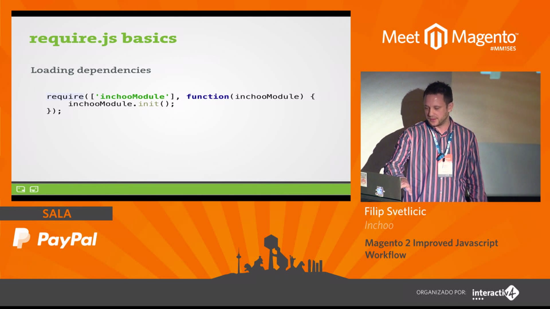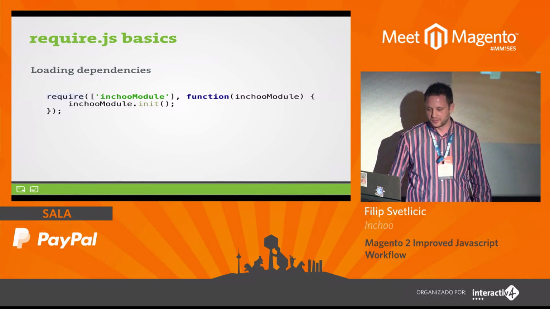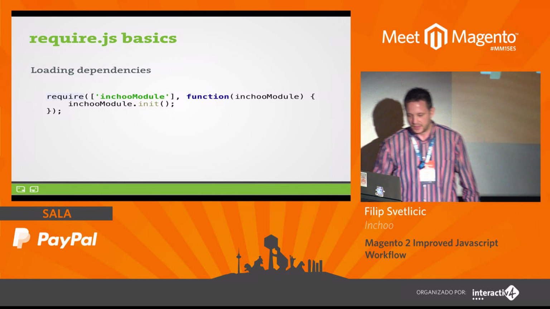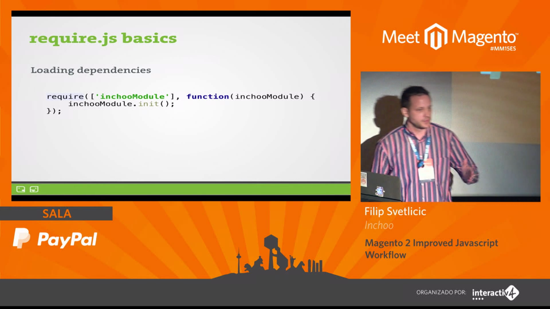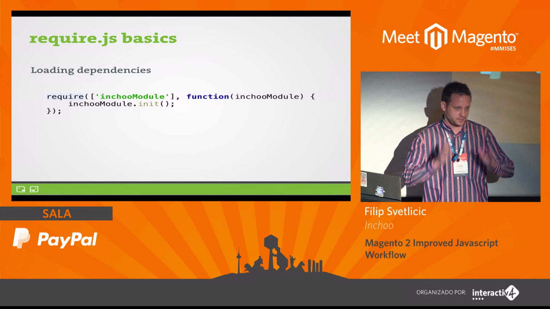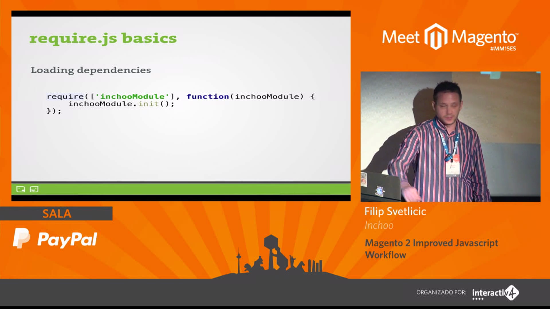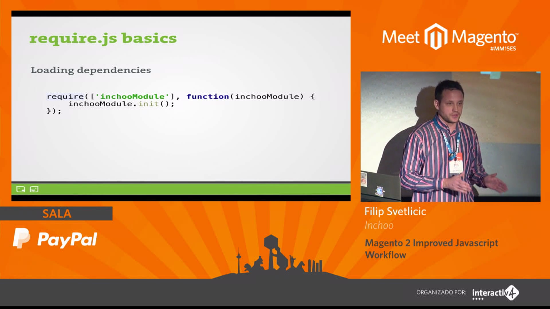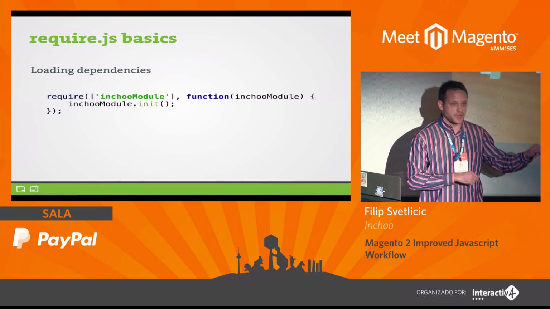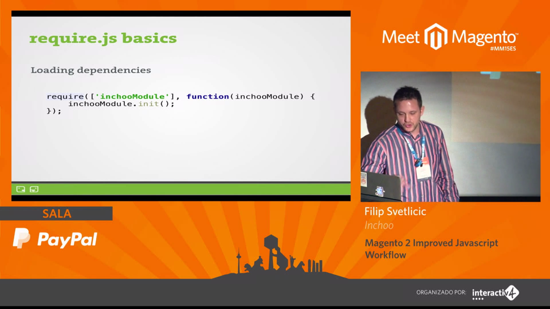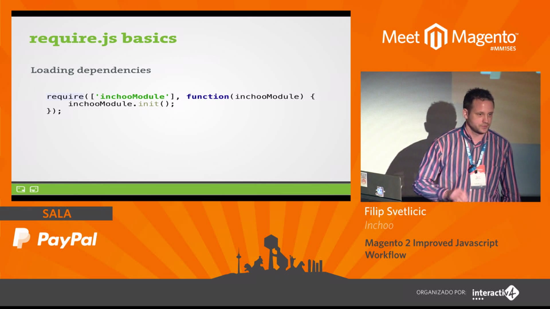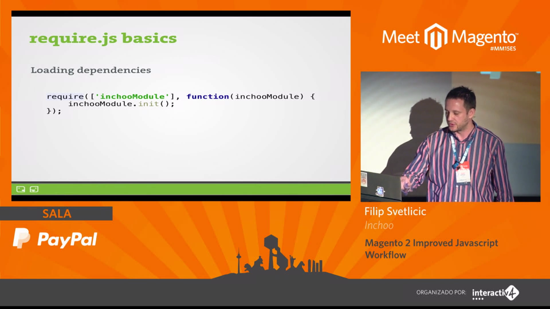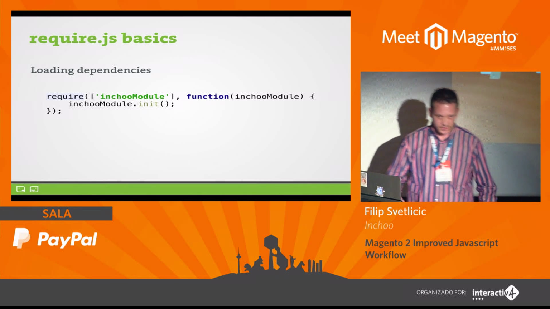The first parameter accepts an array of module names. Module names means the path for the file. So when this says intuit module, it will look in the base folder where the main JS script is placed, and it will load intuit module.js JavaScript, but we don't need to add the extension.